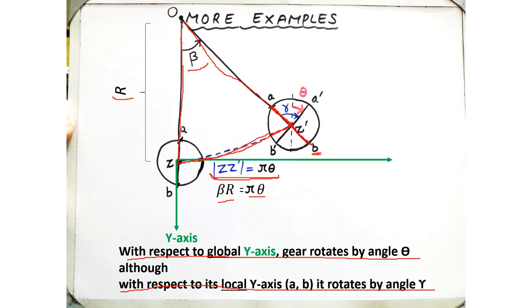So remember, the initial local y-axis coincides, it was actually parallel or the same as the global y-axis, but the final local y-axis, the so-called local y-axis of planet gear A, has now been changed. The angular displacement between the A prime B prime line with the local y-axis is AB. However, as I said earlier, we are not going to take gamma into our calculation. We have simply directly related theta with beta as discussed in this slide.